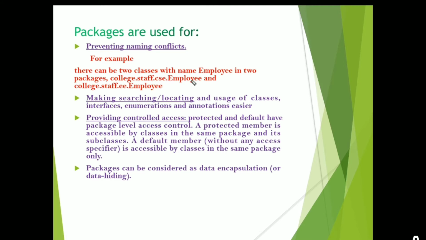Means, for example, if we have the class with the same name, the class with name Employee in the CSC package as well as the EE package. To avoid these conflicts of the class name, we can use it like this: college.staff.csc.Employee.